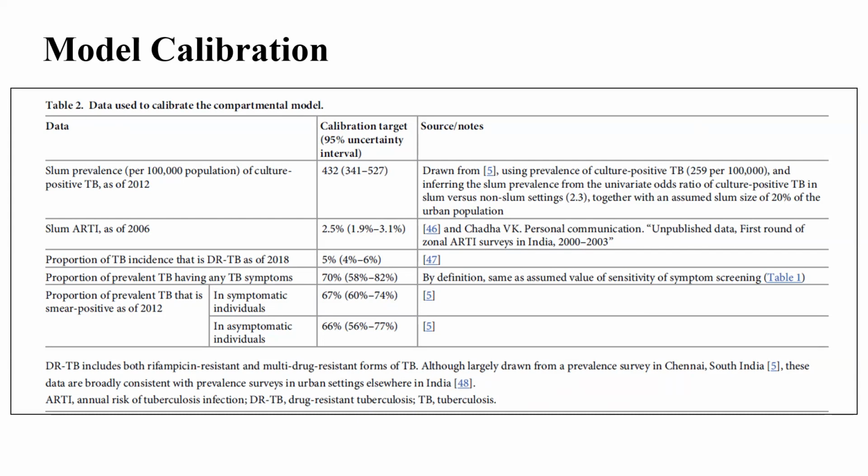And this was the calibration target of 432, and this was within the range. As you can see, all these values, even for the annual risk of TB infection, were all within the range. So we carry on with the interventions.